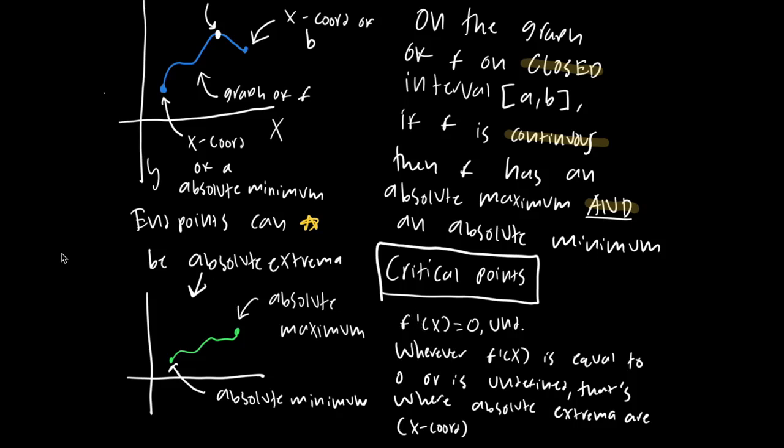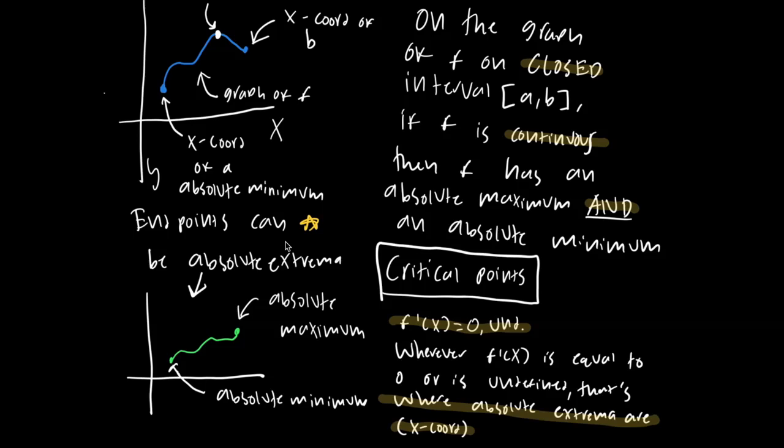And critical points is just wherever the derivative of the graph is 0 or undefined, and that's where absolute extrema are, specifically the x-coord.